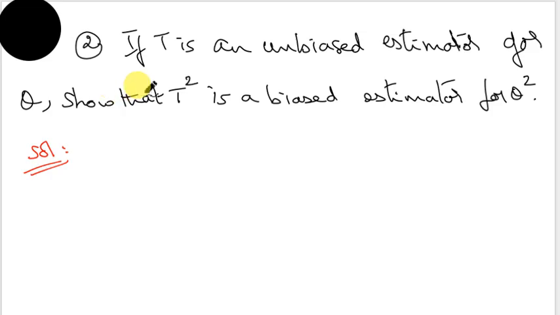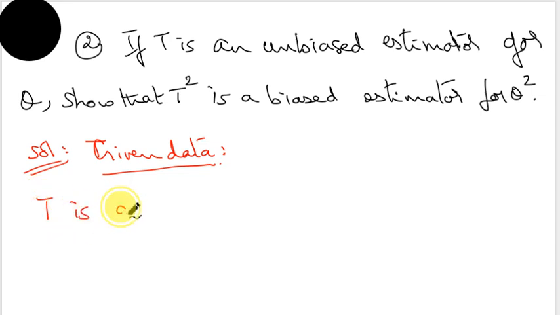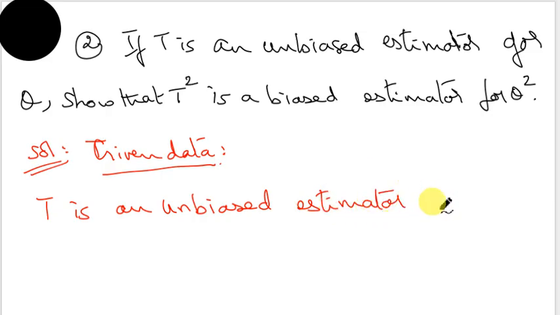All right. So T is an unbiased estimator from the given data. From the given data, what do I have? I have T is an unbiased estimator for my theta. So I have E of T equal to theta.